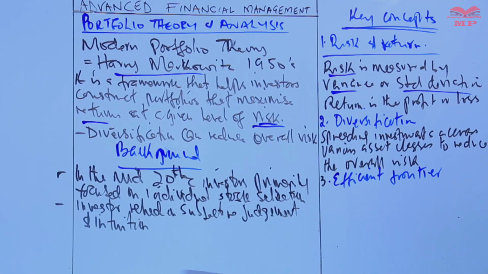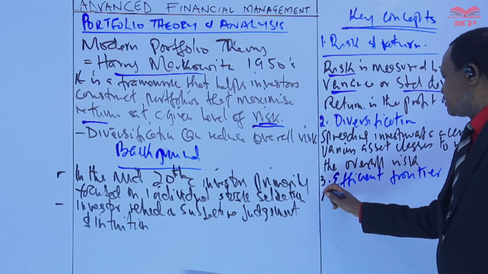Now, an efficient frontier is a graph or a curve that graphically represents the set of optimal portfolios that offer the highest expected return for a given level of risk. It is a curve that graphically represents a set of optimal portfolios.